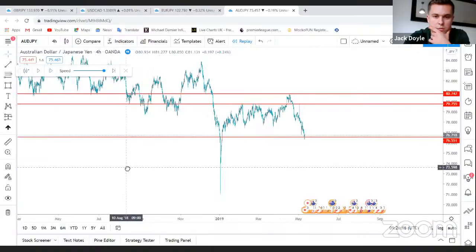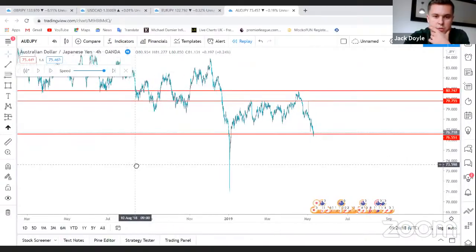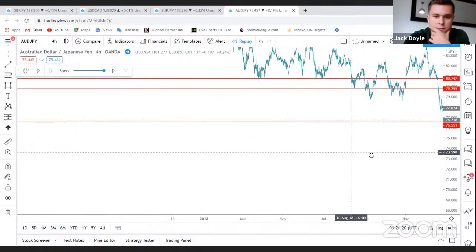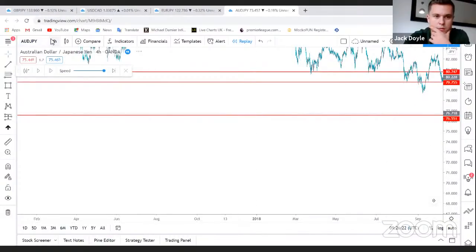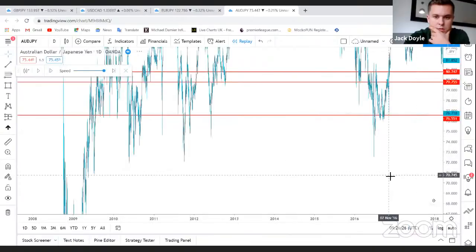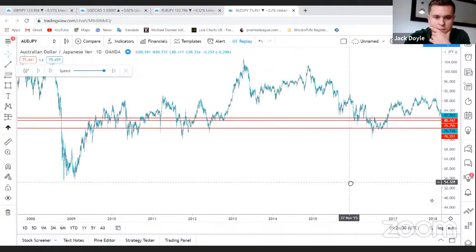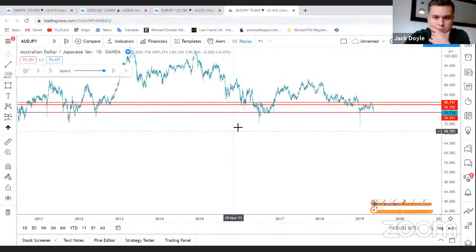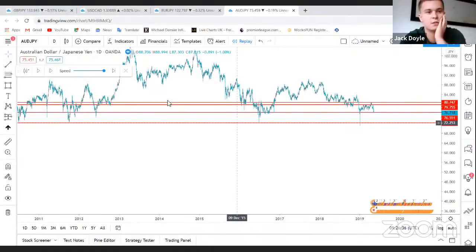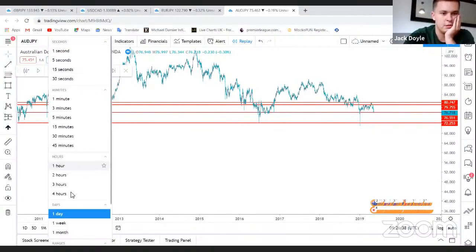Obviously, I straight away I'd look for shorts, but if I look left, I just need to look left. There's certainly a daily level there, so go back to the 4 hour.